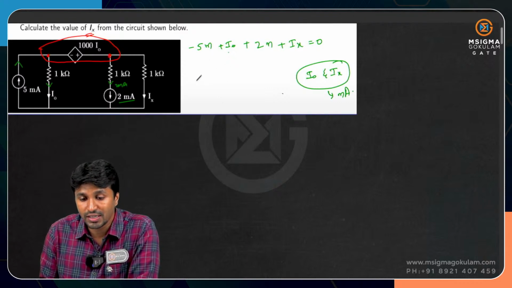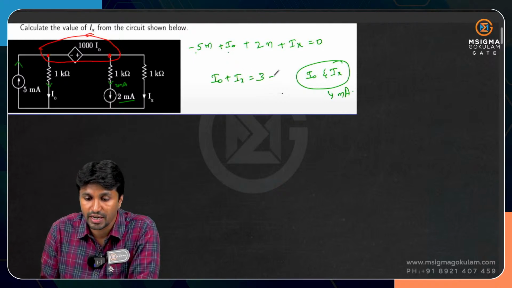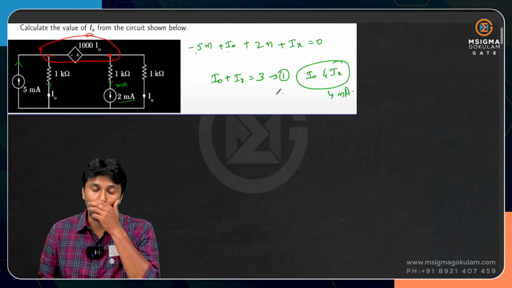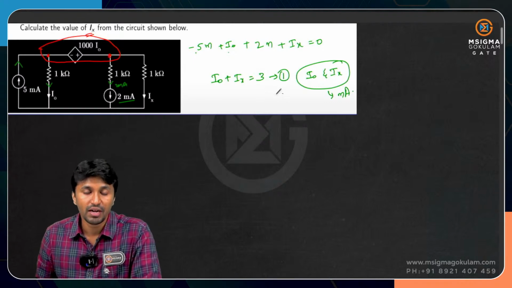So what is the resultant equation that you get? Minus 5 plus 2 is minus 3. Minus 3 I'll send to the other side, so therefore I naught plus Ix is equal to 3. So this is equation number 1.